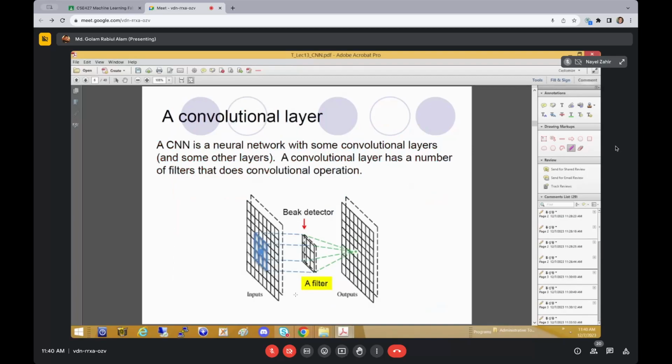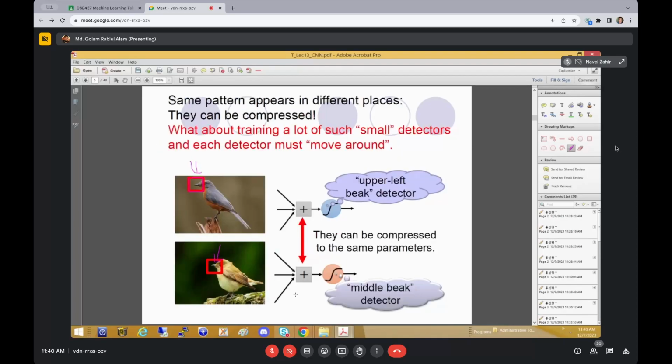So from this discussion, what we have learned is that instead of considering the whole image, we have to consider the part of the image where the information is stored.